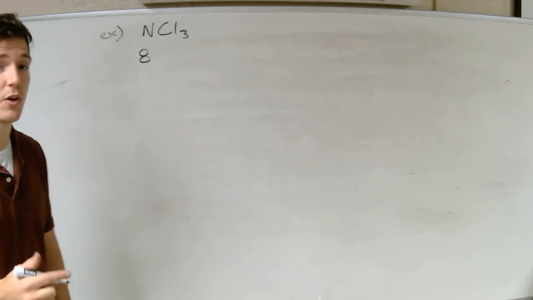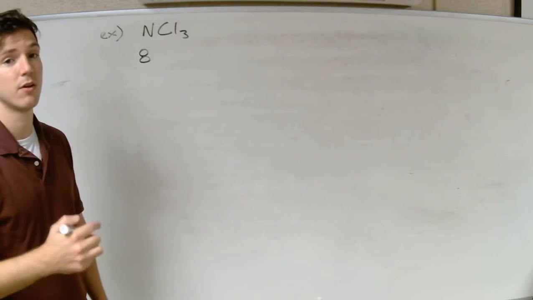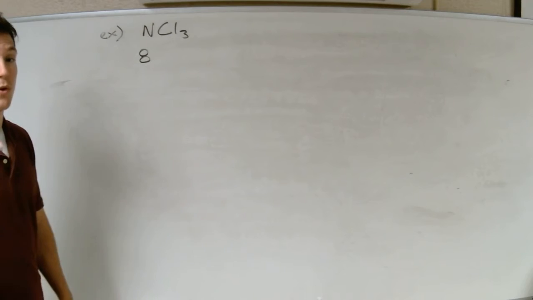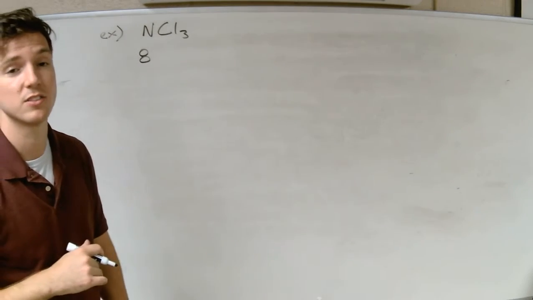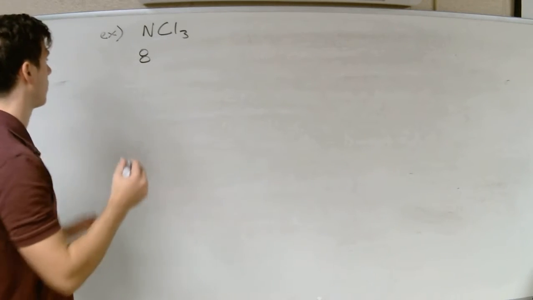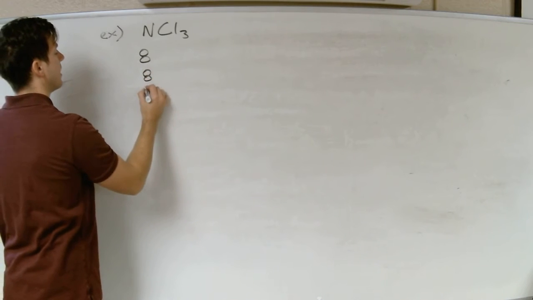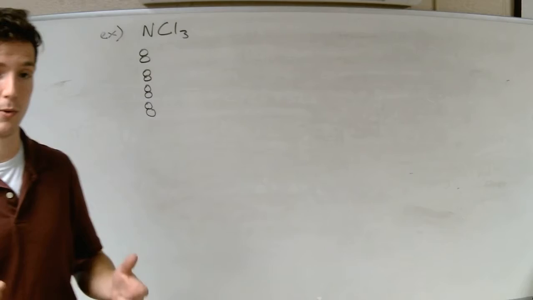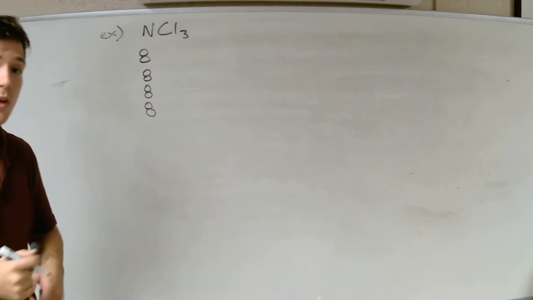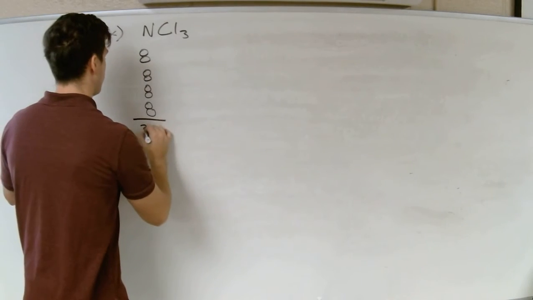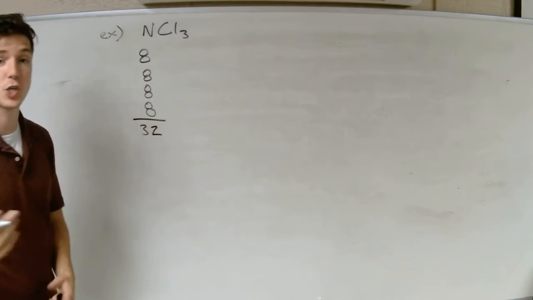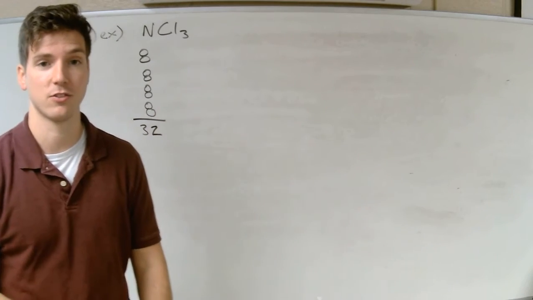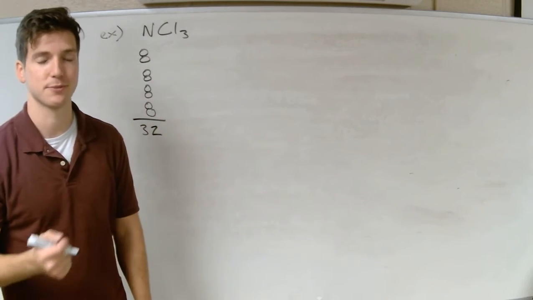But here we don't just have 1 chlorine, we have 3 chlorines. So we have to count the octet electrons for each of those chlorines. I'm not just going to put 1 eight, I'm going to put an 8 for each one of my chlorines. That gives me a total of 32 octet electrons. So make sure you're adding up all the octet electrons from each element in our compound.